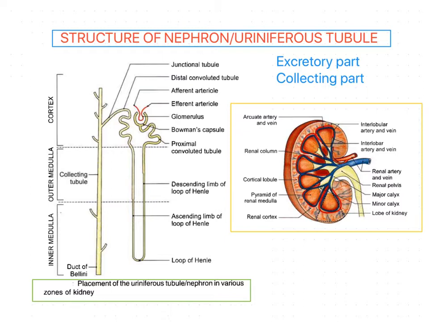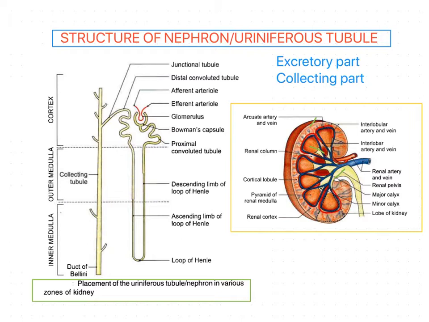In the previous session, we discussed the structure of the kidney through coronal section, and the different parts of the kidney. The outer layer is the cortex, the inner is the medulla, and the space present is called the renal sinus.